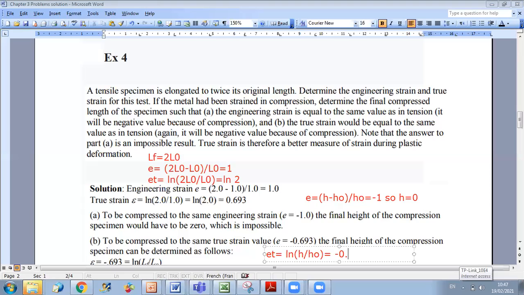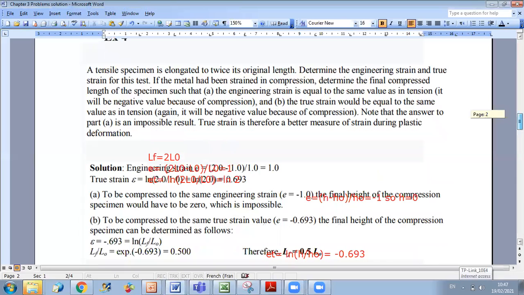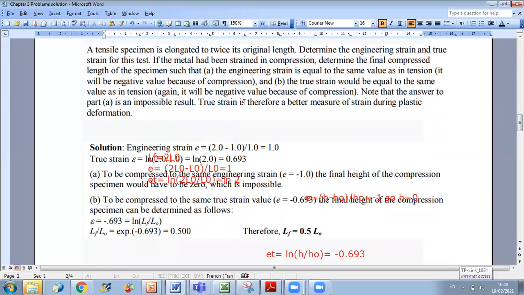So mine is -0.693. And in this way, I can calculate the corresponding relation between h and h0. So this tells me that true strain is a better measure of strain for plastic deformation.